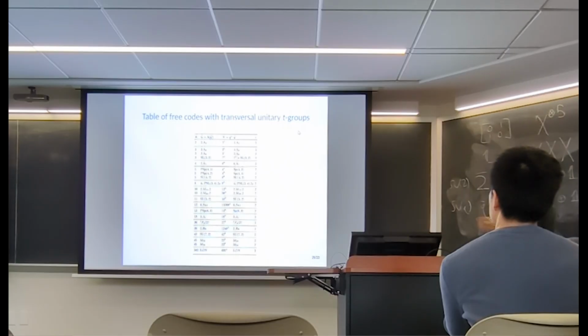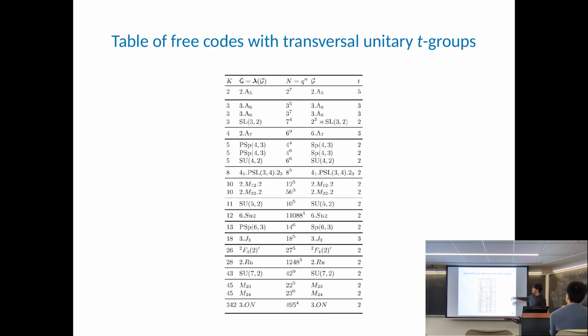And so when I'm finding these codes, I'm just saying, okay, I have some group, maybe it's 3.A6. I look at the character table. Are there any pairs of distinct characters whose product is also irreducible? It turns out that for a lot of interesting groups, you do get this property.